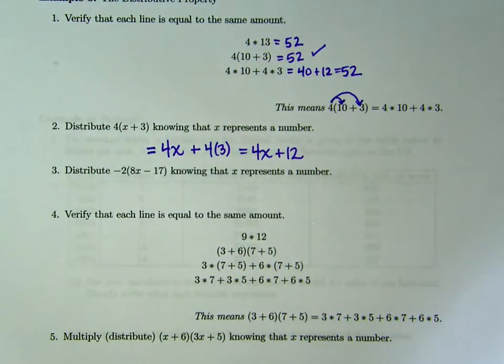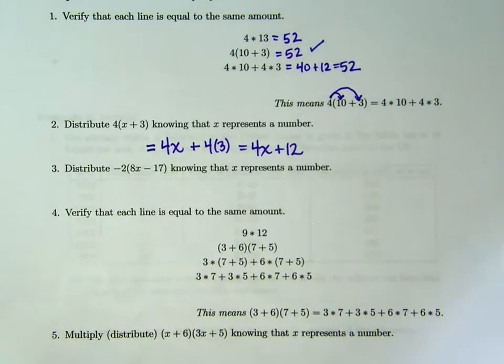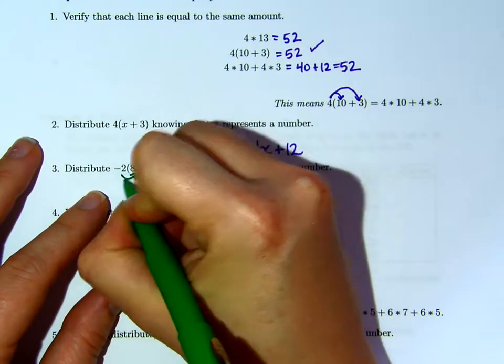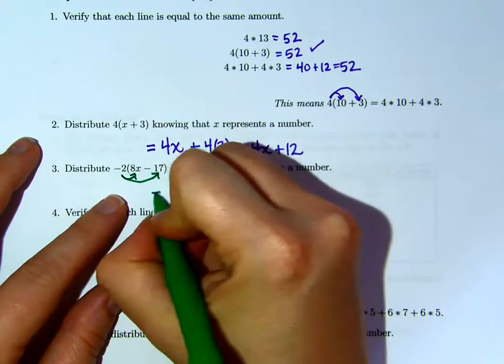Okay, well now let's do it again, but now we are multiplying by -2. So we're doubling it and we're taking the opposite. Okay, distribute.